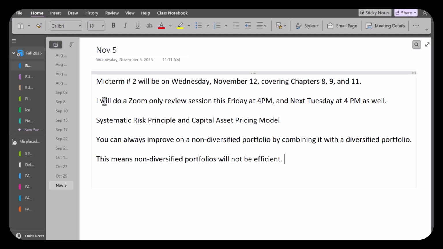Now, let's think about two kinds of risks. One is called asset specific, or the fancy term for that is idiosyncratic risk.